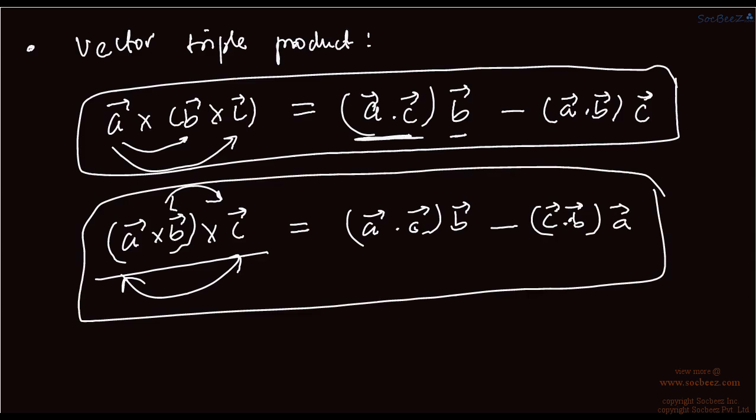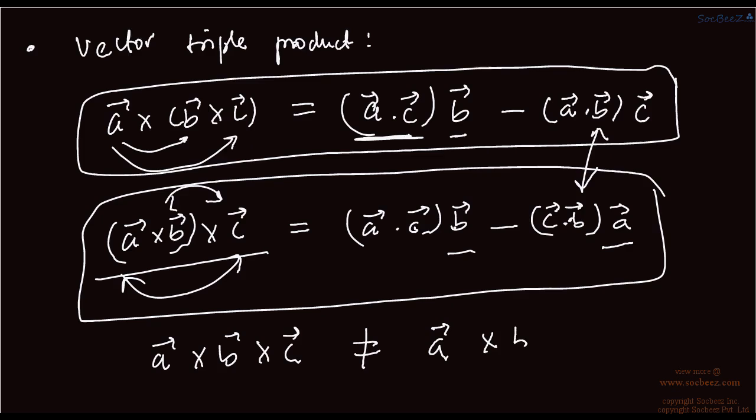So if the brackets are changed, this term will be in the form of B vector and A vector. So A vector cross (B vector cross C vector) is not equal to (A vector cross B vector) cross C vector. This was about the vector triple product.